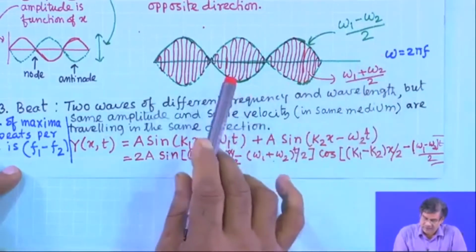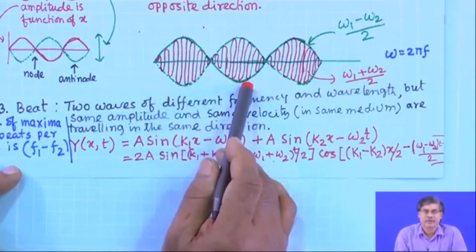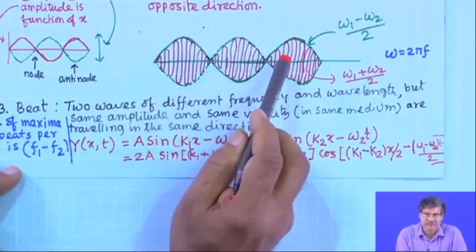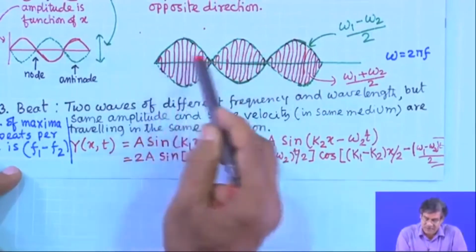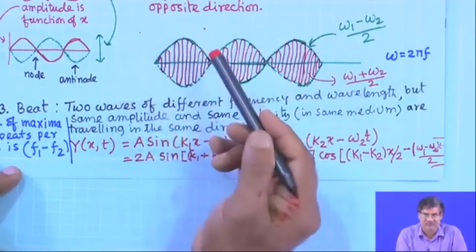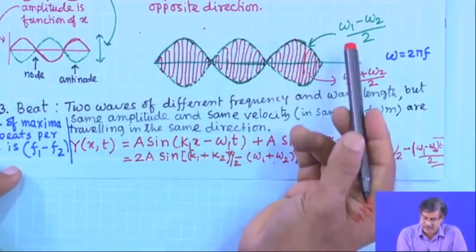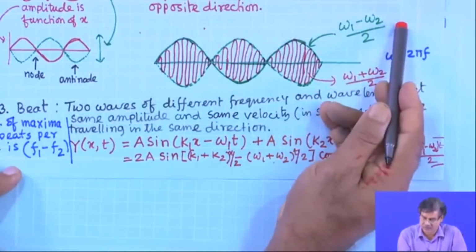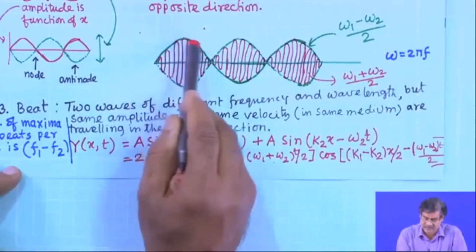So, here you are getting two frequencies. One is the oscillation with this higher frequency, and its amplitude is varying; there is an envelope. The frequency of this envelope is basically (omega1 minus omega2) divided by 2.